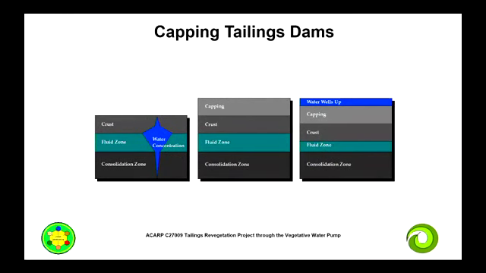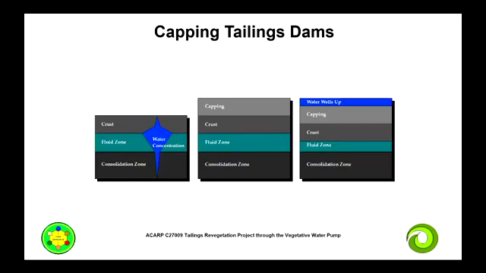So the big issue with capping tailings dams is that the weight of the material deposited in the dam forms a consolidation zone. Like when you do a sedimentation column and you get material deposit at the bottom, but you also get the formation of a crust, which then impedes the evaporation of water, which becomes trapped in between and forms a fluid zone.